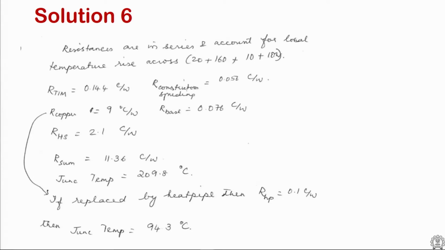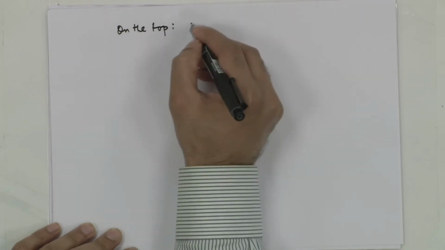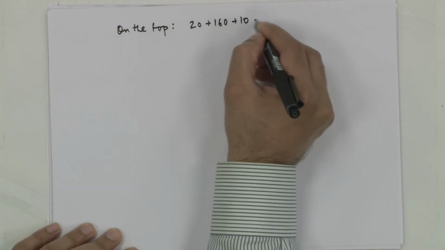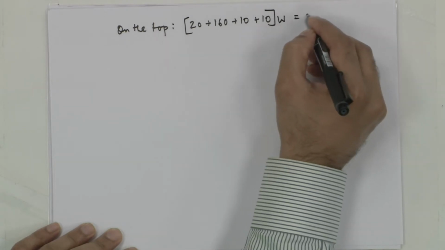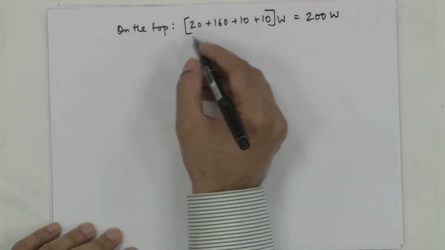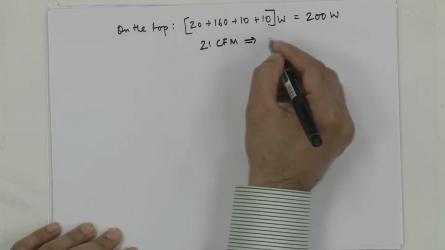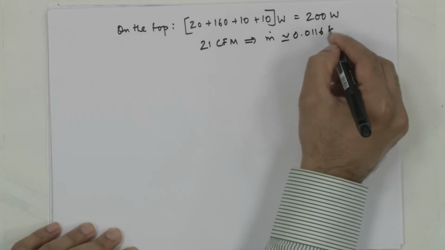As an example, there is about 20 plus 160 plus 10 plus 10 watts, a total of 200 watts, dissipated to air flowing at 21 CFM, which is equivalent to a mass flow rate of roughly 0.0116 kilogram per second.